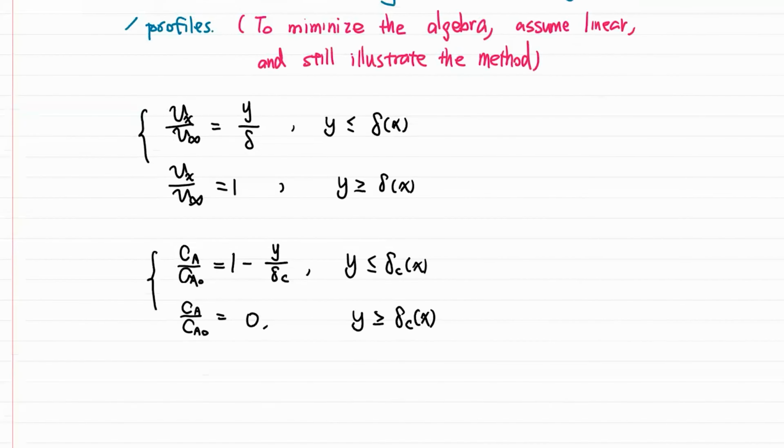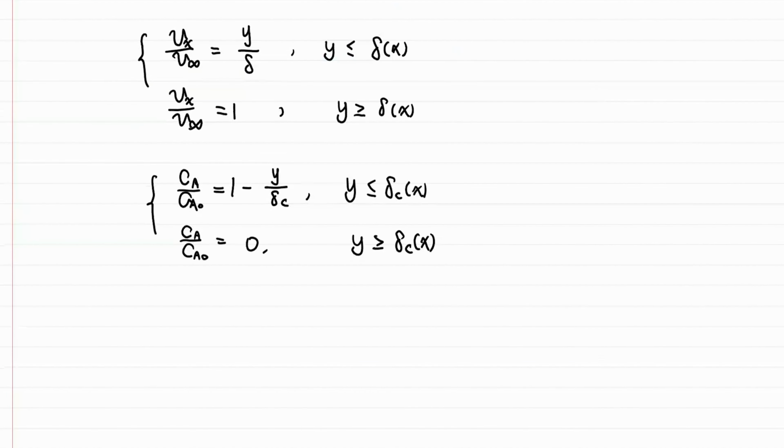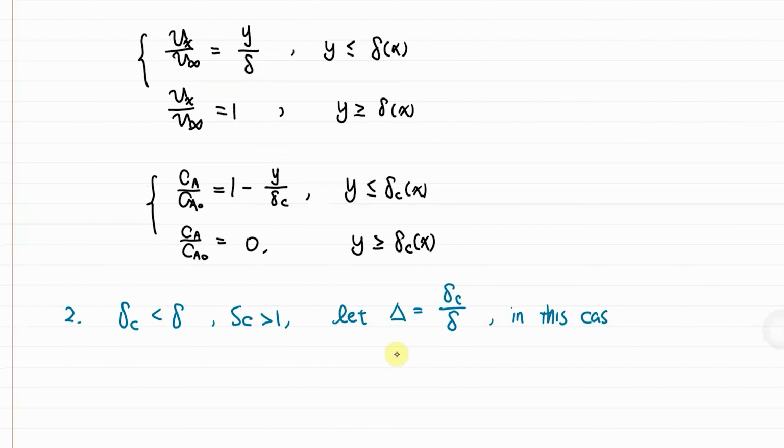Okay, and then let's look at our second step. We know that the diffusional boundary layer would be smaller than the velocity boundary layer when the Schmidt number is larger than 1. So let capital delta equal the diffusional boundary layer over the velocity boundary layer. In this case, capital delta would be smaller than 1.